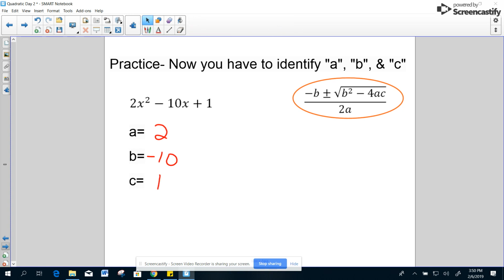Notice I quickly identified my A, my B, and my C value. When I locate my B value, it is negative.